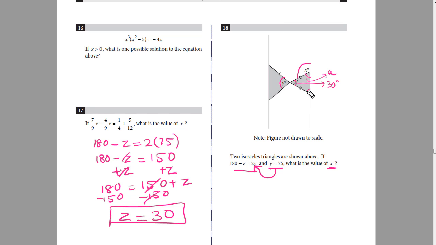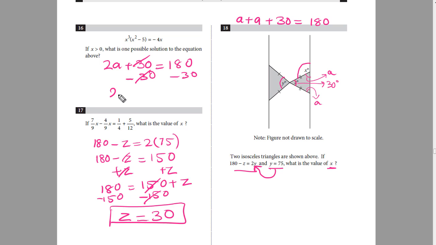So this angle is A, this angle will also be equal to A. So A plus 30 degrees is equal to 180. Now A plus A is 2A, so 2A plus 30 is equal to 180. Now I'll subtract 30 on both sides. This will get cancelled and 2A will become equal to 150.